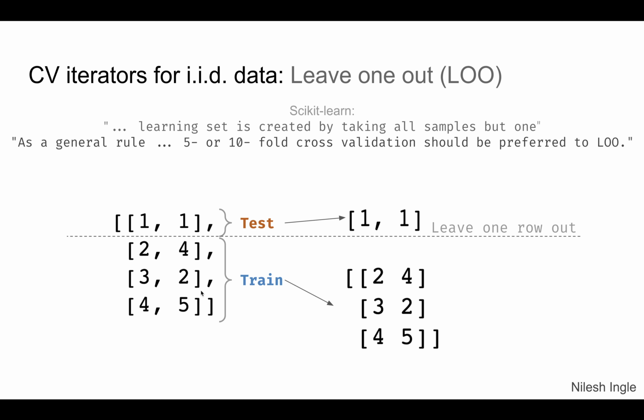Then in the second iteration, we pick another record, set it aside as a test set, and the remaining data set is used as a train set. So that's the idea behind this method. And according to the docs, as a general rule, because this can be memory intensive, 5 or 10-fold cross validation should be preferred to this method.